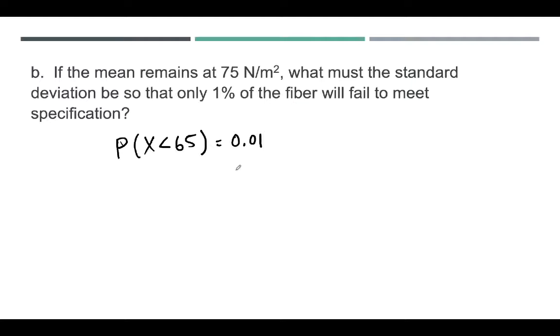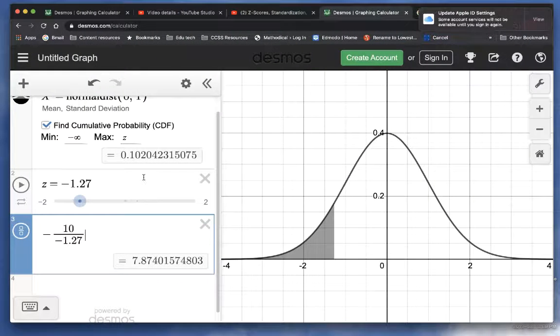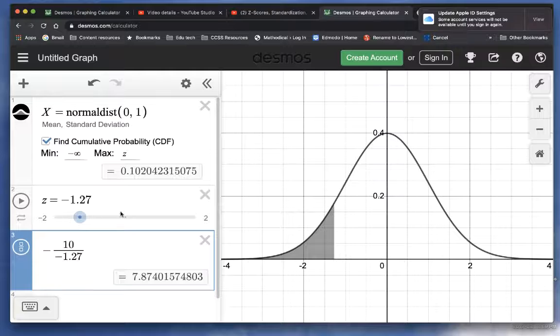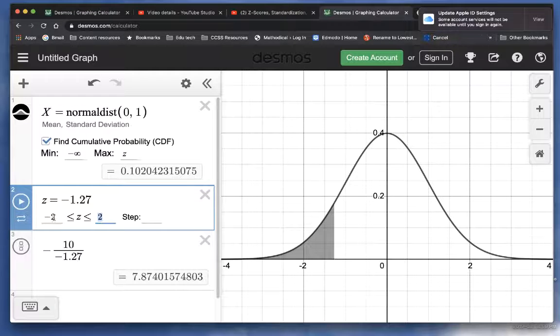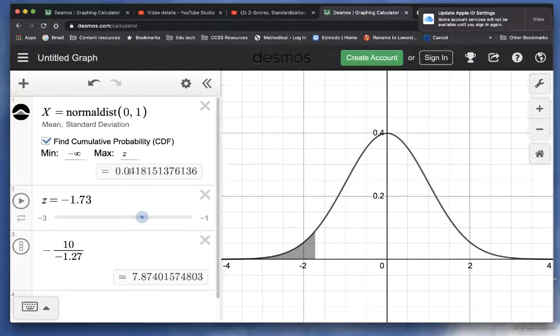So I'm going to go back to my z-score again, and this time I'm looking for what z-score is going to give me 1%. I might have to change my scale a little bit here, so I'm going to go down to -3. I'm looking for the value of 0.01. If you're using your table, you're looking through that table to find when this equals 0.01 or is very close to it.